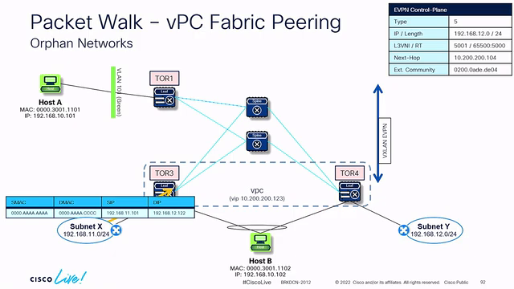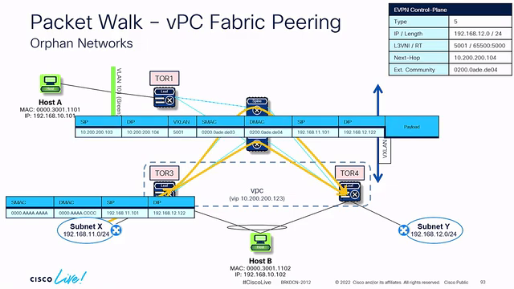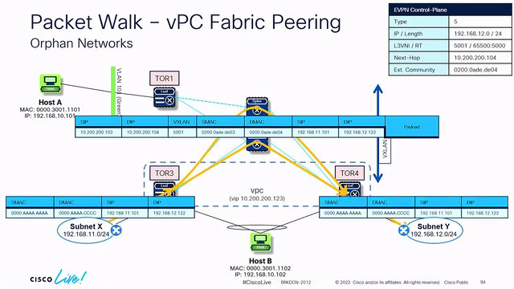So somebody in subnet X will send information to Tor 3. Tor 3 will encapsulate this packet with layer 3 VNI destined to Tor 4, 104, because it's advertised here. And then when the spine sees it, it knows that it needs to forward it to Tor 4, and it will reach subnet Y in this case.